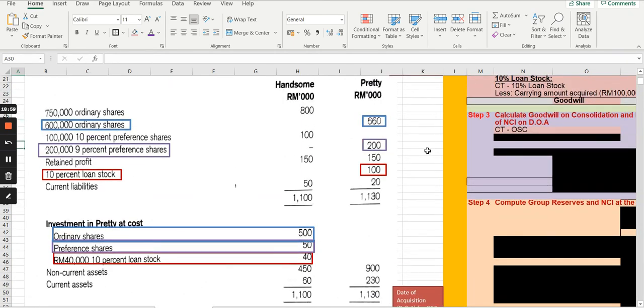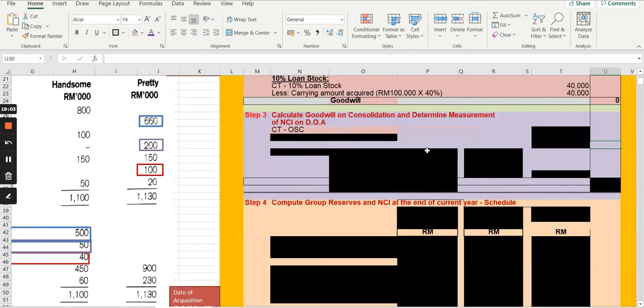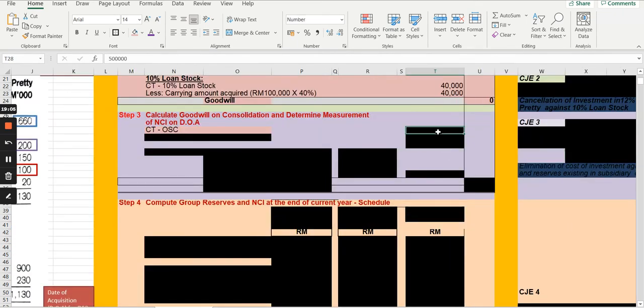You are going to do what you have done before, where you put the consideration transferred in the workings for goodwill, and that was 500,000. Then you calculate the non-controlling interest, or look at the value of the non-controlling interest in the subsidiary. Here, you're going to take 1/3.